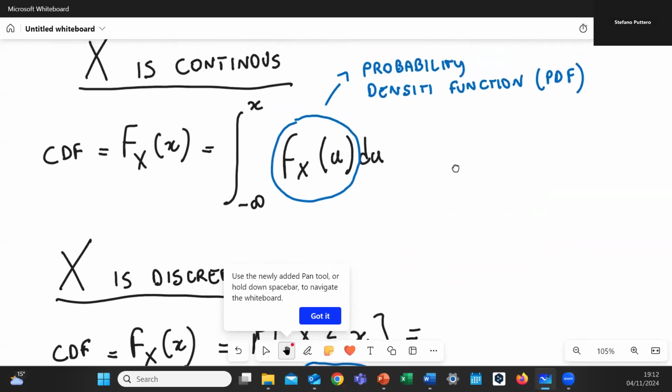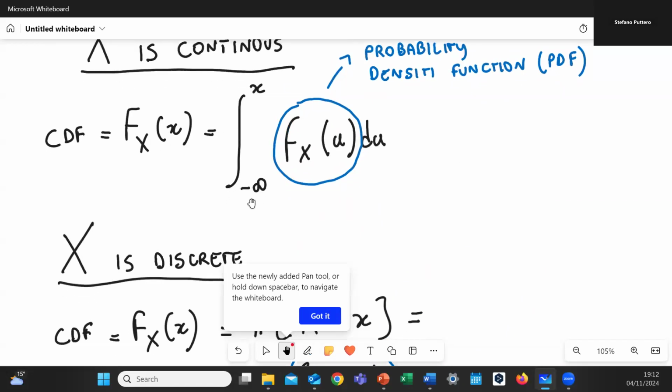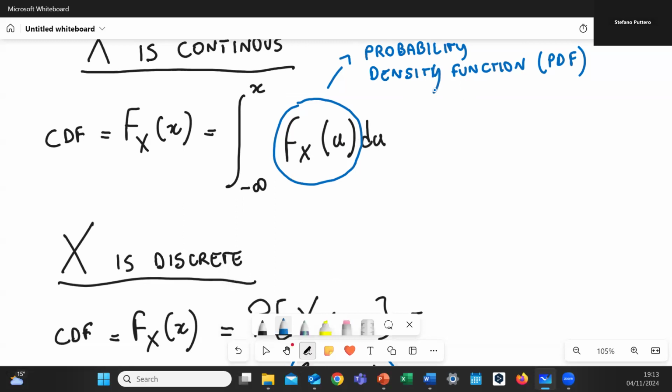While for the continuous random variable, it is equal to the integral from minus infinity to x of the probability density function, sorry, there was a mistake, density function. And that's the important difference between the two possible situations: dealing with a continuous random variable or a discrete random variable.